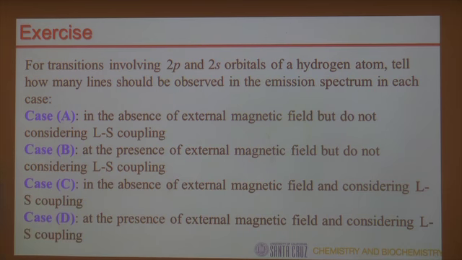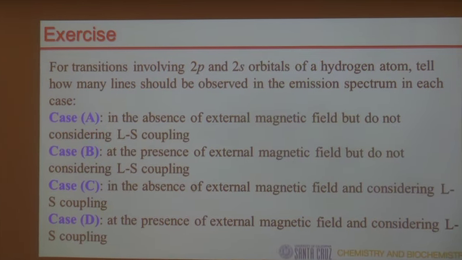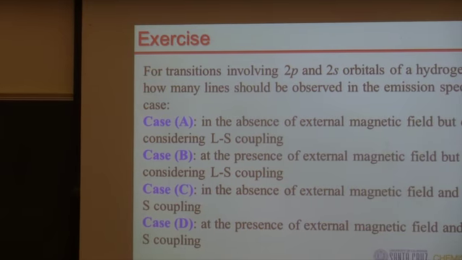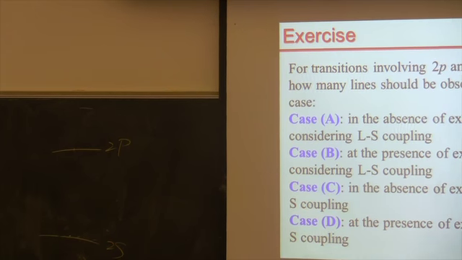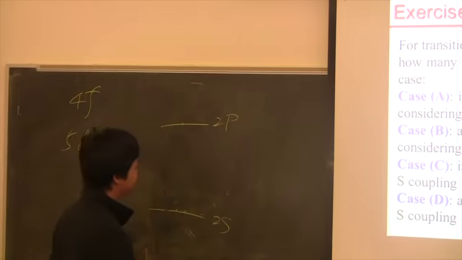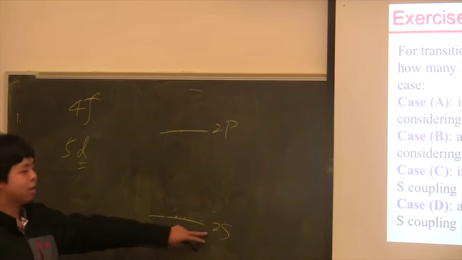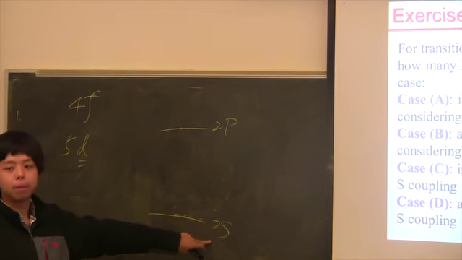Okay, case B. Now we apply the external magnetic field, but we still do not consider LS coupling. So in order to tell how many lines, we need to first draft the energy diagram, right? So just apply the magnetic field without considering LS. So it's just the ML states then. For the 2s, how many energy states will it split into?